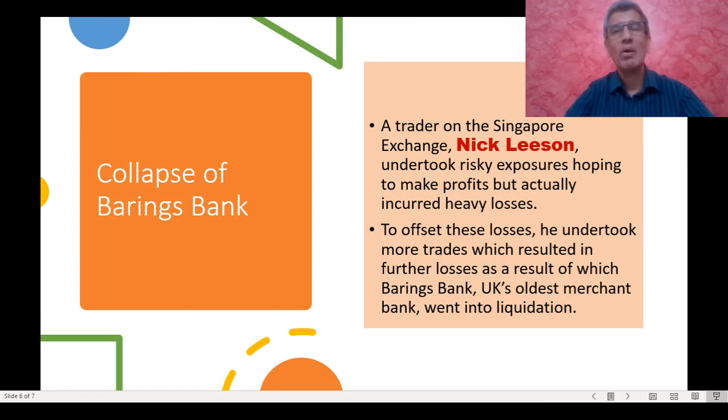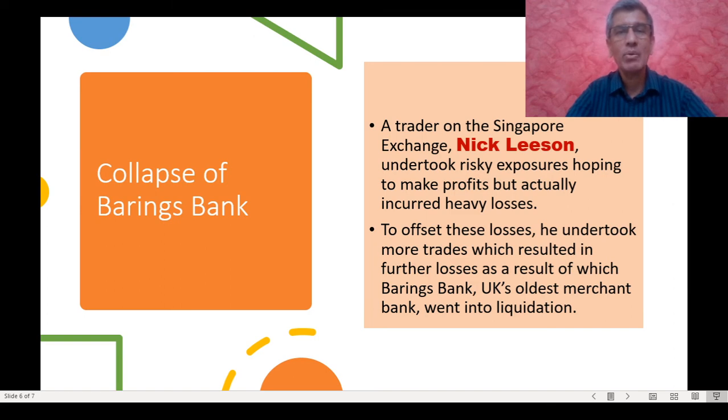Let's look at a small caselet to understand the implications of risk management and the operations of forex traders, or any trader for that matter. This example is of a trader on the Singapore exchange named Nick Leeson, who was a trader of a UK-based bank, Barings Bank.